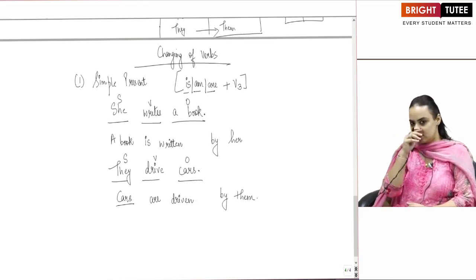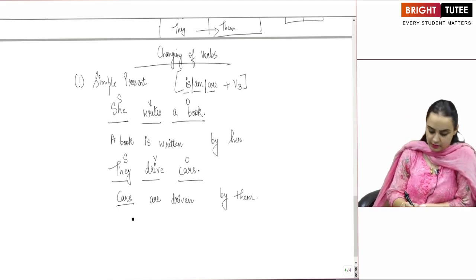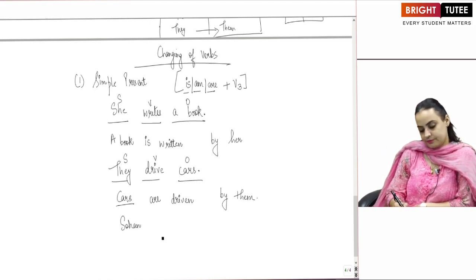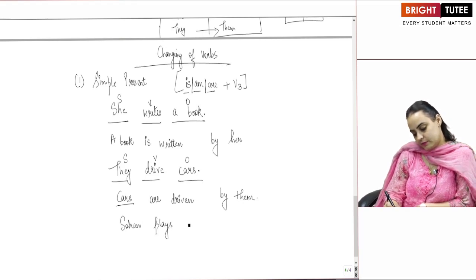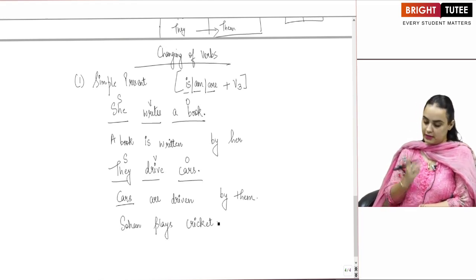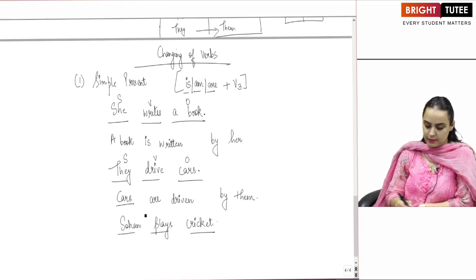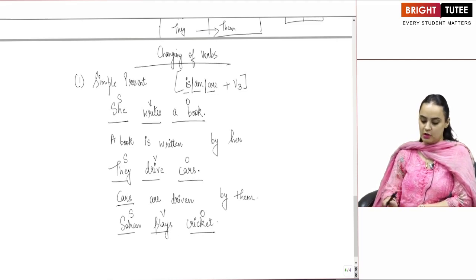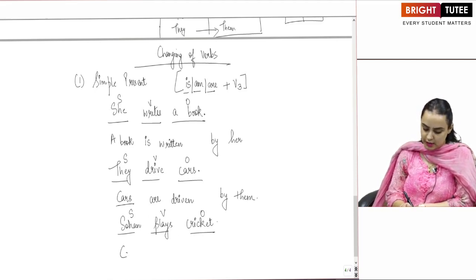Let us take another example. Sohan plays cricket. Again, divided into three parts. Sohan is subject, plays is verb, cricket is object. Object becomes my subject, so cricket is my new subject.